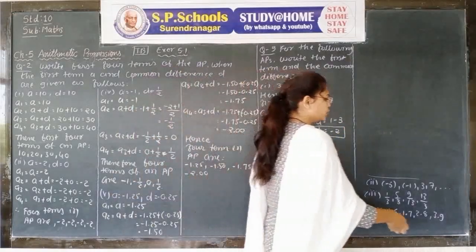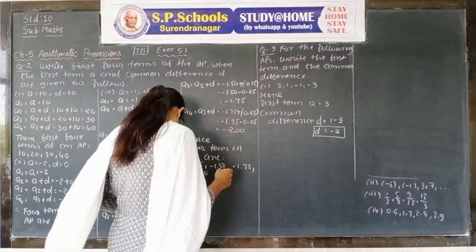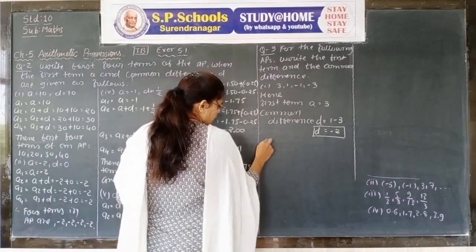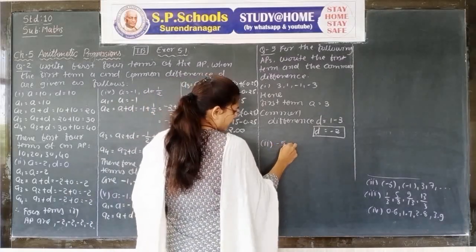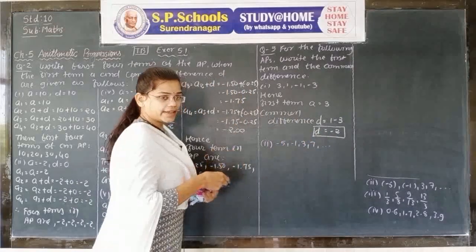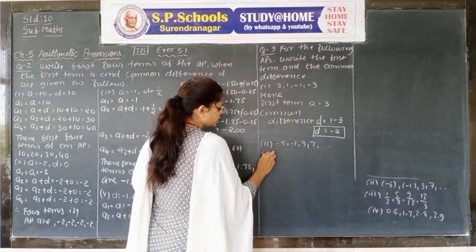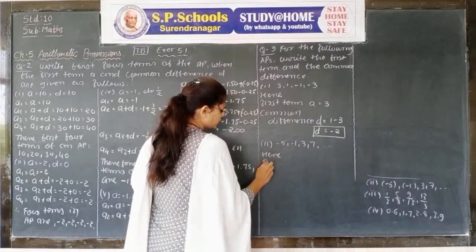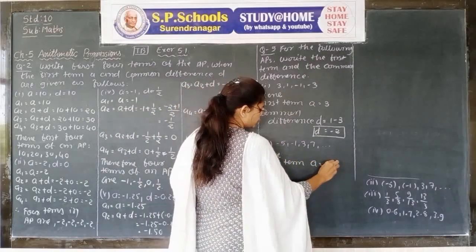Now we go for the second one. The second one is minus 5, minus 1, 3, 7. It is already an AP. We need not check whether it is an AP or not. We only write the first term A and the common difference D. First term A is equal to minus 5.